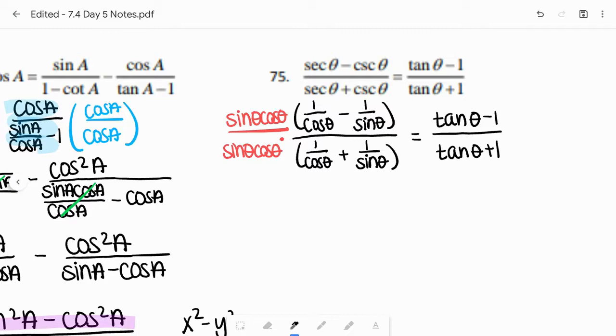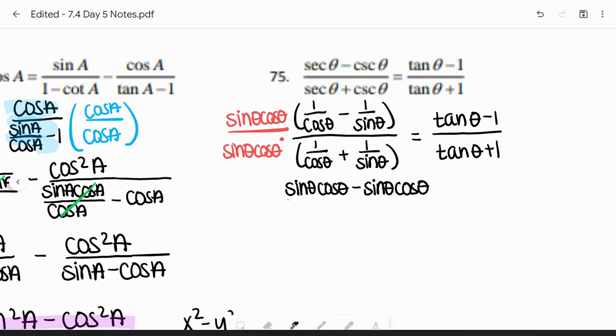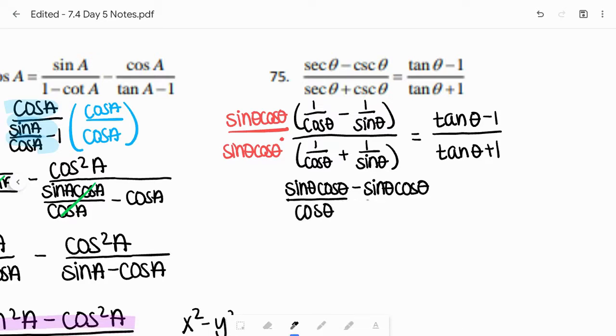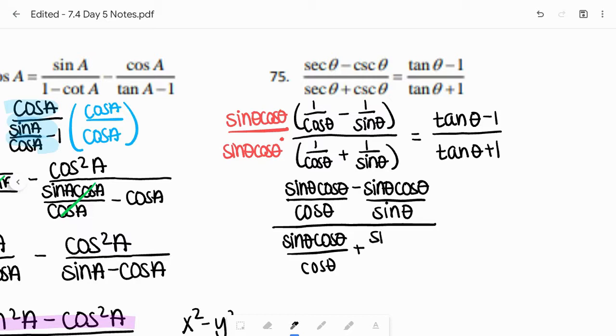So I am going to end up having sine theta cosine theta over cosine theta minus sine theta cosine theta over sine theta, over sine theta cosine theta over cosine theta plus sine theta cosine theta over sine theta, and that entire thing is supposed to equal tangent of theta minus 1 over tangent of theta plus 1.